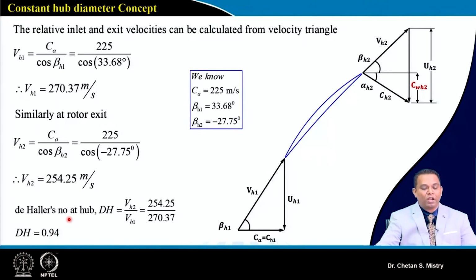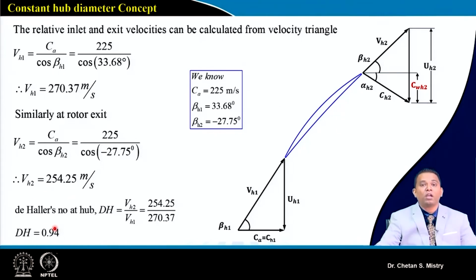Now once we have done this calculation, we can have our relative velocity components at the hub station. So here if you calculate V1, that's coming 270.37 meter per second. Same way my V2 at the exit is coming 254.25 meter per second.